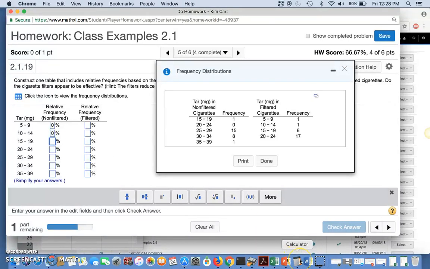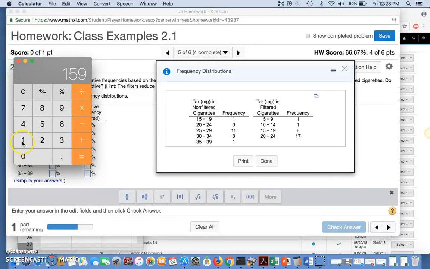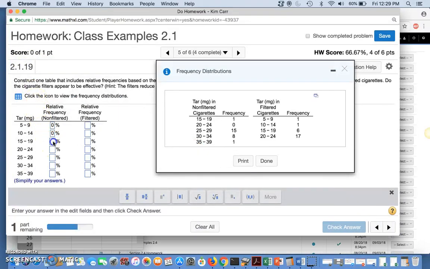Now we're ready to calculate this. This is just a little bitty calculation, so there's no need for the big calculator to come into play here. So I'm going to pull this up, and I'm going to say 1 divided by the 25 equals, and then I multiply it times 100. Okay, that gave me 4, so that is 4. I would do the same thing in the next category, but since it's 0, it's just 0.